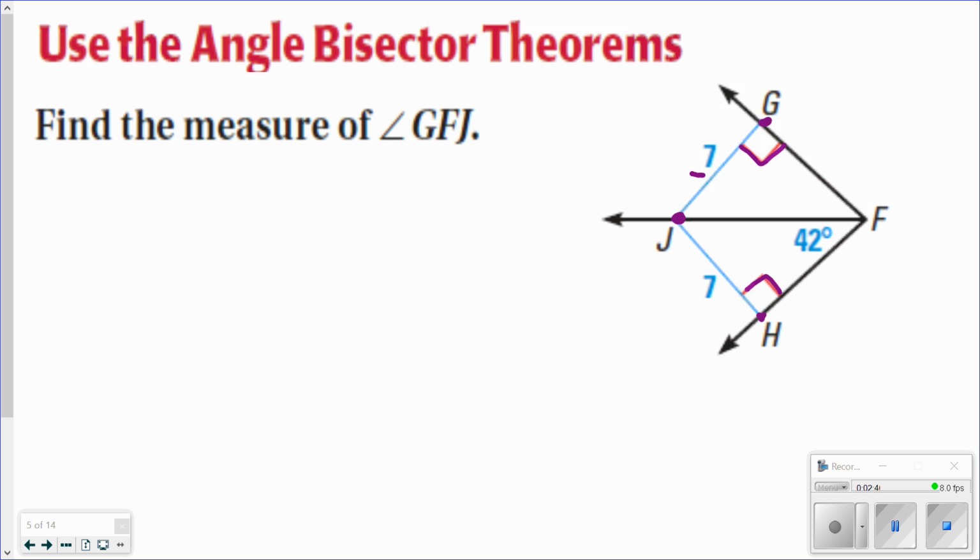And the answer is yes. 7 and 7, those are the same length, which means J is equidistant from the sides of the angles. Therefore, JF is an angle bisector. So if this angle here is 42 degrees, what is the measure of angle GFJ going to be? It's also going to be 42 degrees.